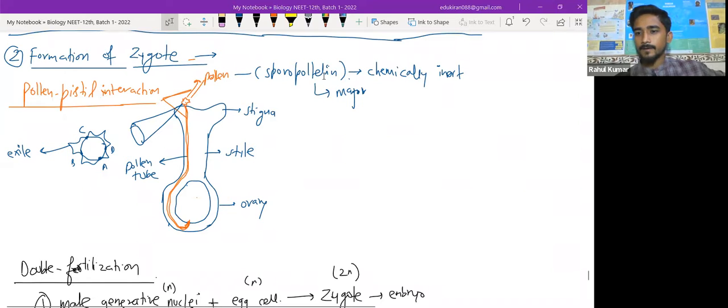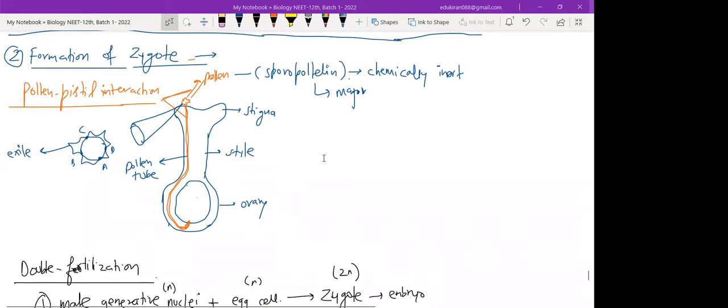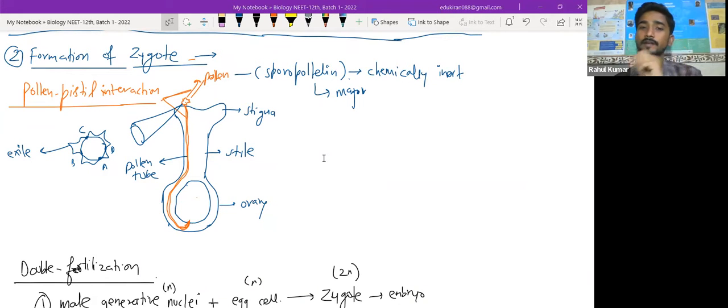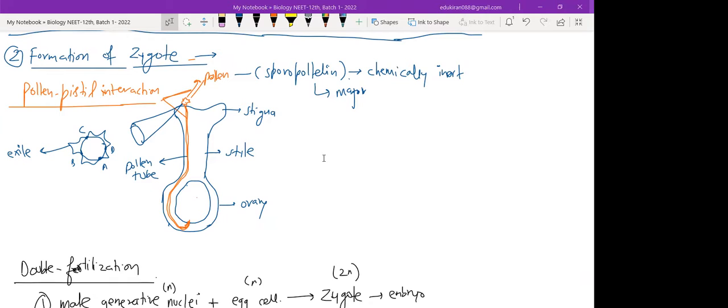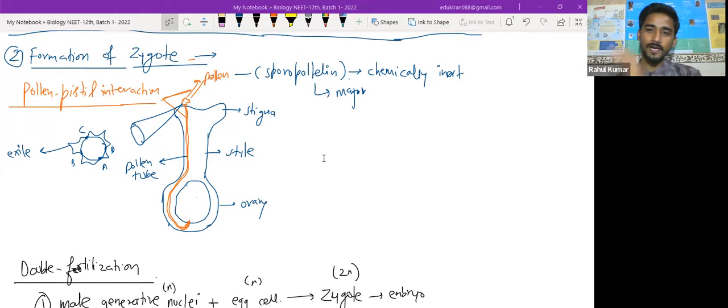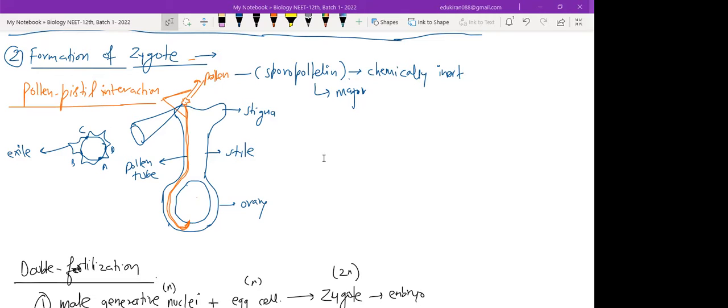And then the outer wall of the pollen is made up of sporopollenin, which is a chemically inert biological polymer. And what do we call that outer coat? Exine, right? And the inner wall is intine.